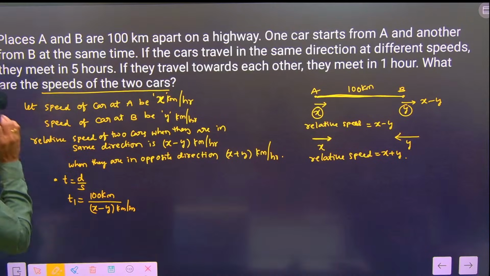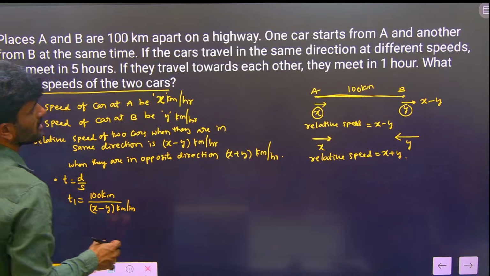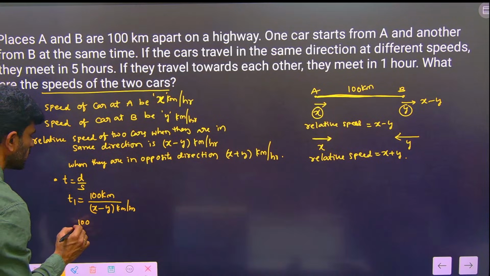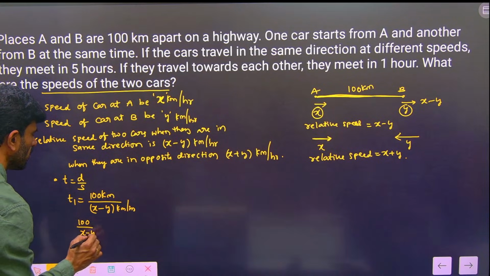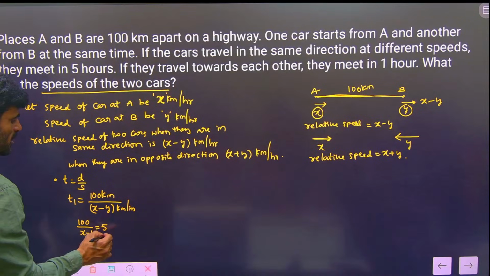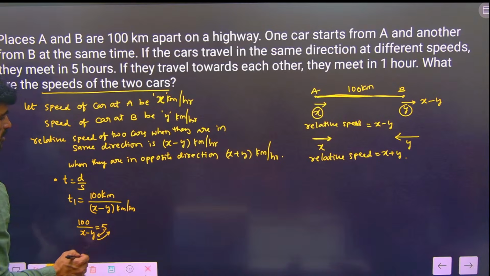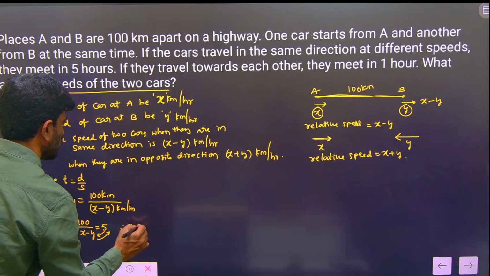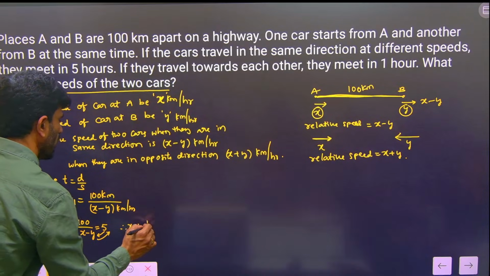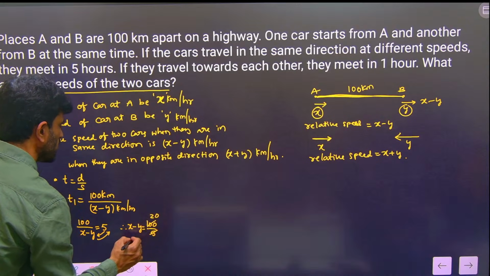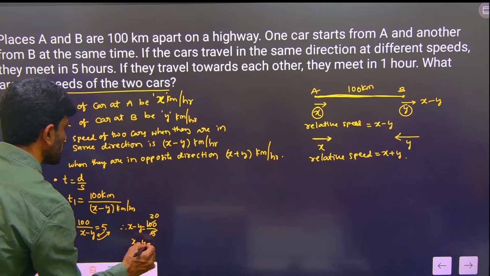When they are in same direction, how much time are they taking? It is given 5 hours. So we write 100 by x minus y is equal to 5. Now transpose x minus y here and 5 here. Therefore, x minus y is equal to 100 by 5. So if you cancel, x minus y is equal to 20, the first equation.